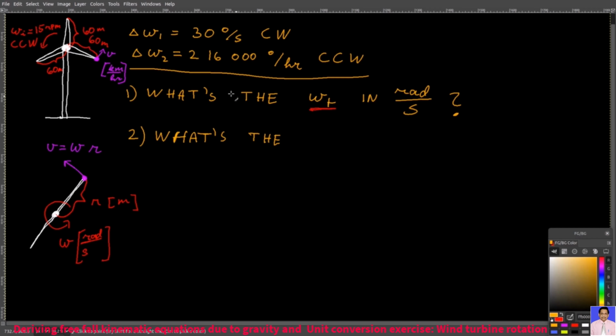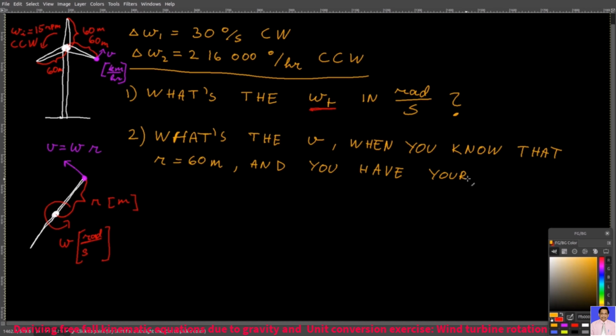And so, what's the tangential velocity of the tip, or let's call it v, when you know that r equals 60 meters, which is what you have here, and you have your omega f. And now this v needs to be expressed in kilometers per hour. So good luck, try it yourself first, and then let's talk about it in the next video.